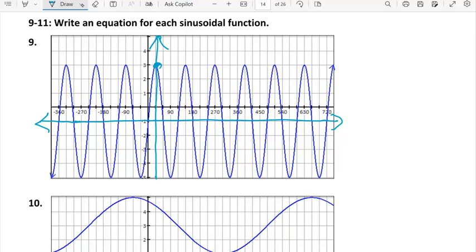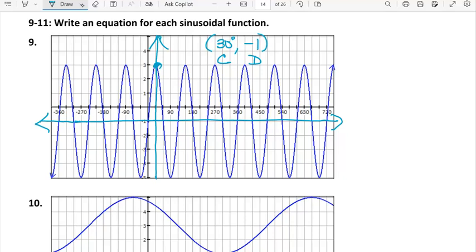That peak is very easy to locate. So what does that mean? My new origin is the point 30 degrees, comma, -1. So that would be my C value and my D value.